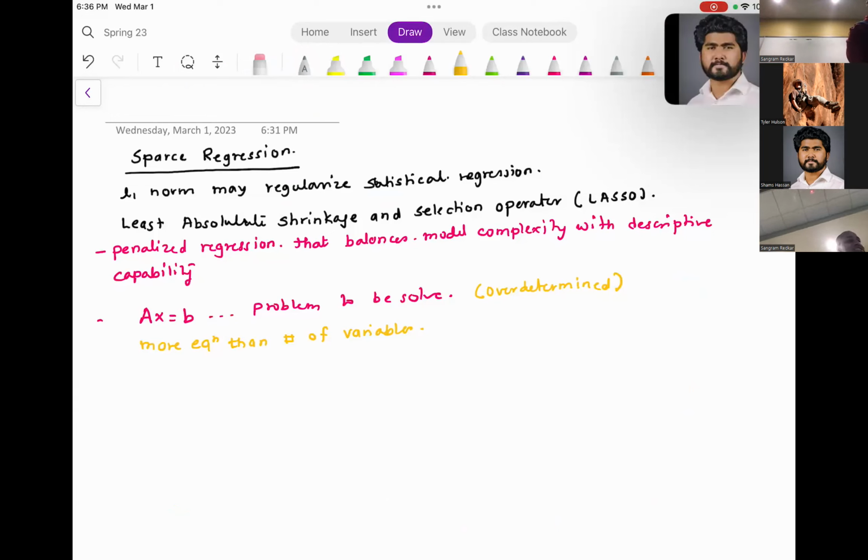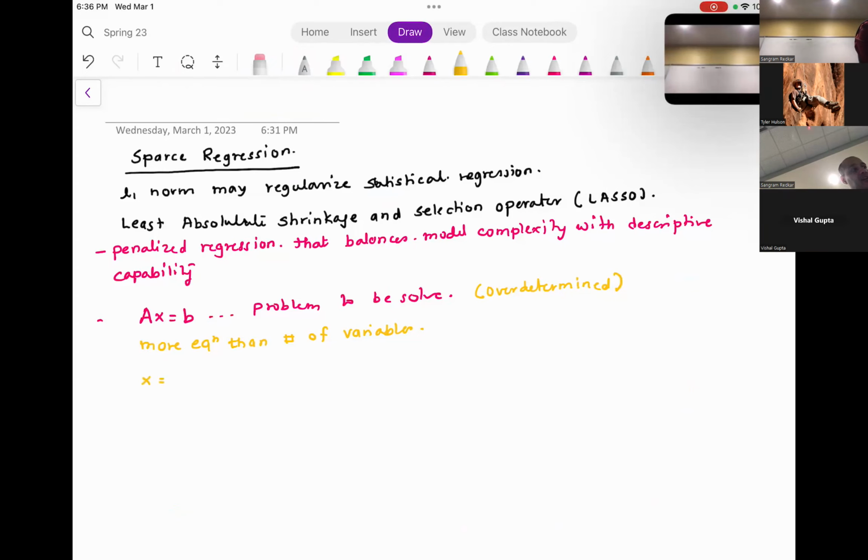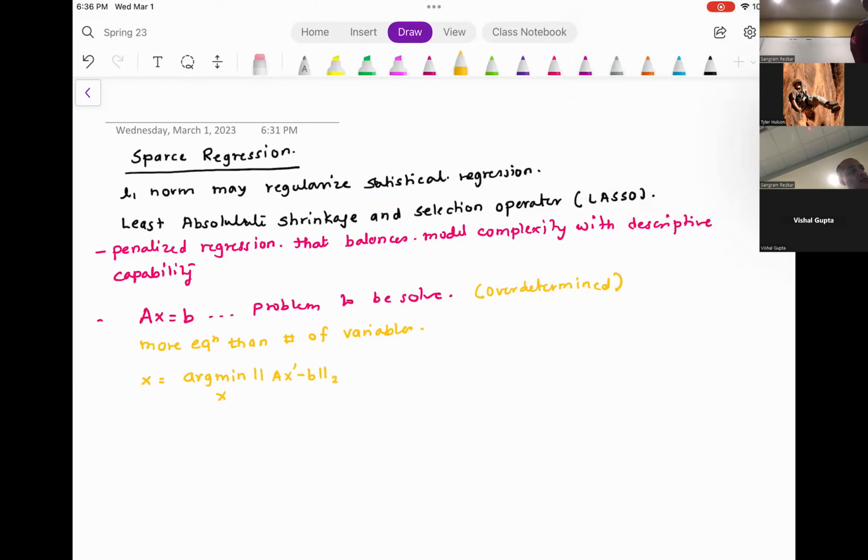Okay, more equations than the number of variables. So this problem can be written as: find the values of x such that you have argmin of x, which is the minimum argument of x, of the norm of Ax minus b, which is the least square norm, plus lambda times the L1 norm of x.